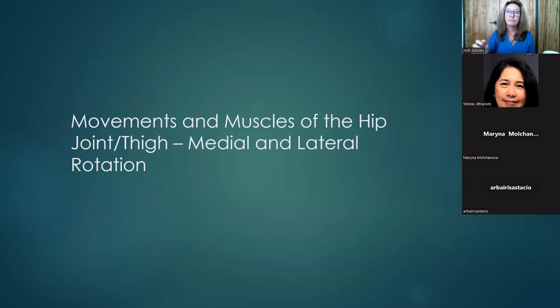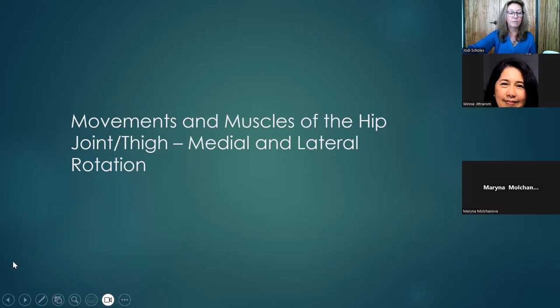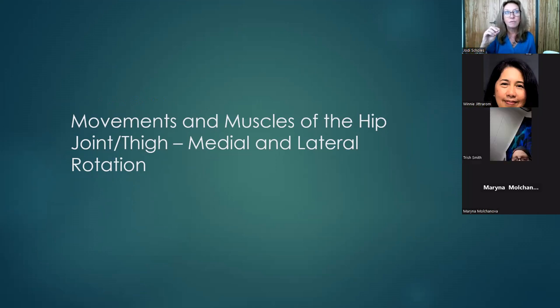All right. We didn't talk about adduction yet, but we will. We're going to look at medial and lateral rotation of the femur. What joint does the femur create? The proximal end of the femur, right? You've got the proximal end over here. You've got the hip joint.